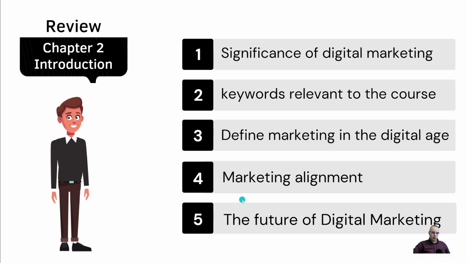It's not important whether you finish the year having spent the marketing budget and done tons of activities. It is important to align those activities with the business strategy and help your organization achieve its business objectives. In chapter 2 we also covered, in one slide, the future of digital marketing.